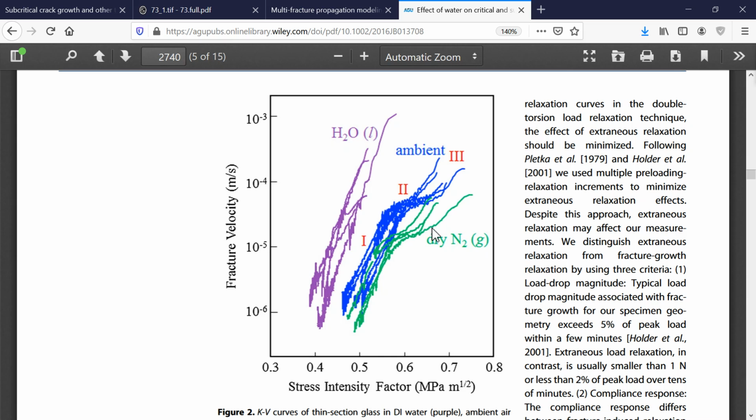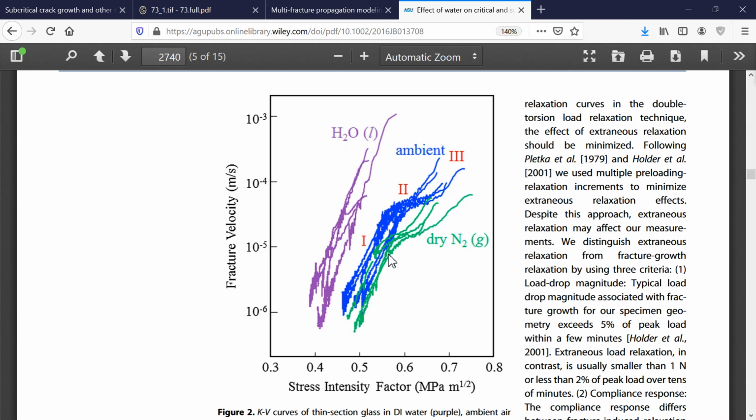As you increase the corrosiveness of the medium, going to ambient conditions in which you may have other gases, like for example CO2, and going into water, the toughness is going to be reduced, and also the subcritical index is going to change. So the subcritical index then is not going to be only a function of the rock type, but also of the medium in which the rock is in, or basically the pore fluid.